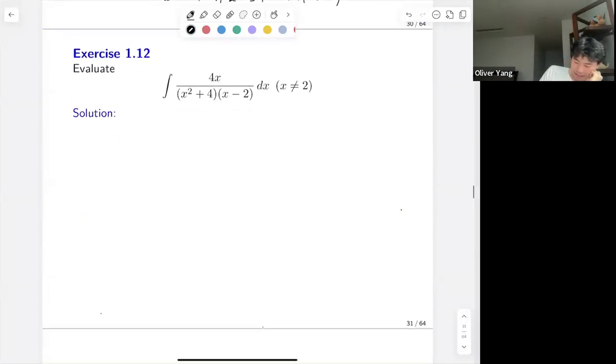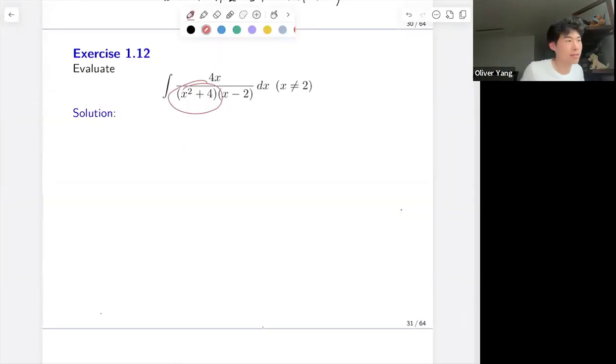So we're gonna do this one, right? So we can see that there's a non-linear factor. So we're gonna have to make the numerator ax plus b, something like that, right? So, okay, let's have a go. Let's do our partial fractions first.